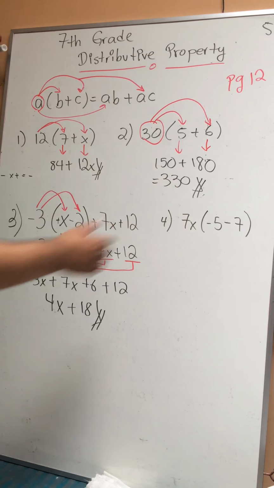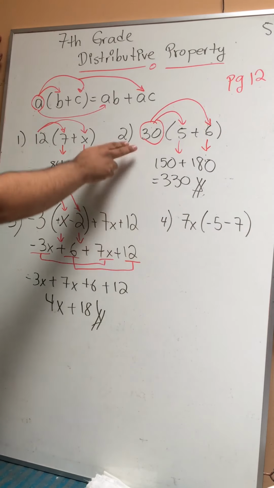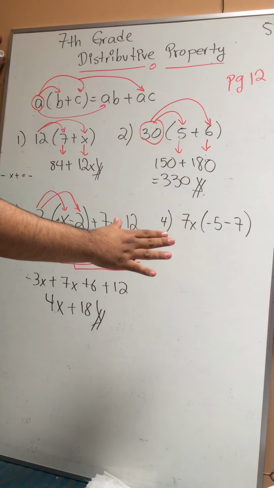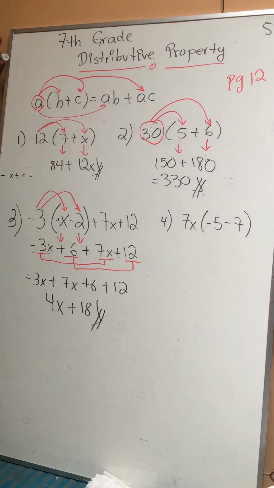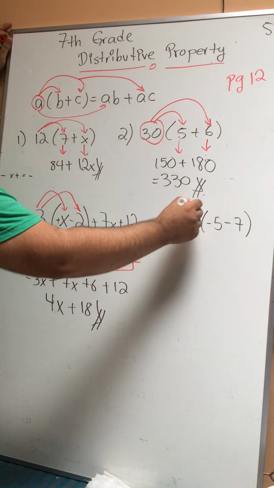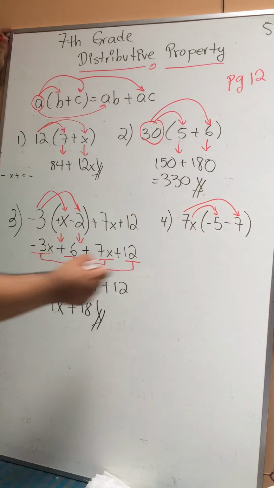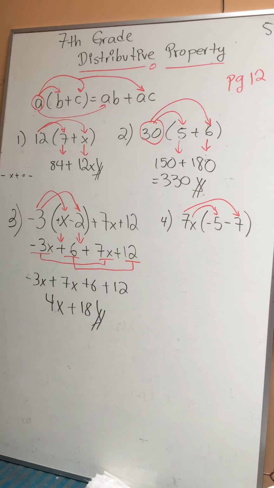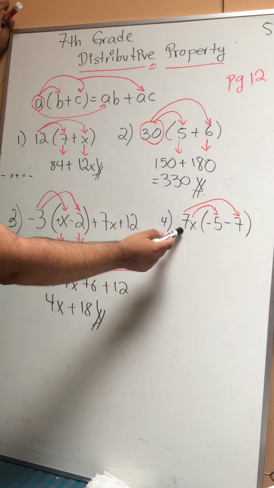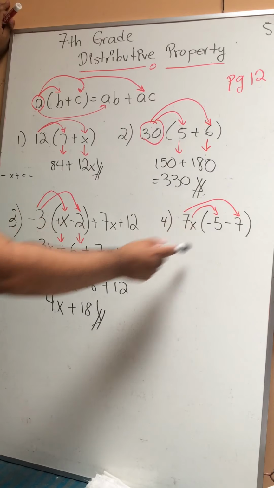Let's do the next one. Same rule as here. We can work the parentheses first, but since we are working the distributive property, we have to work the distributive property. So this one times this one, and this one times this one. Here we have 7x times minus 5.